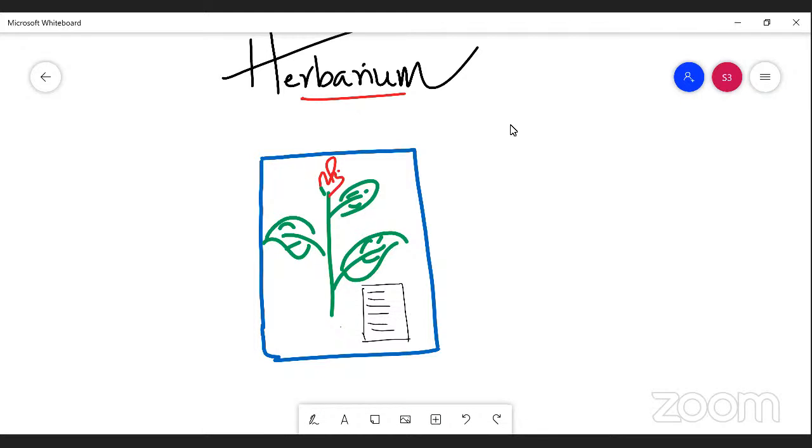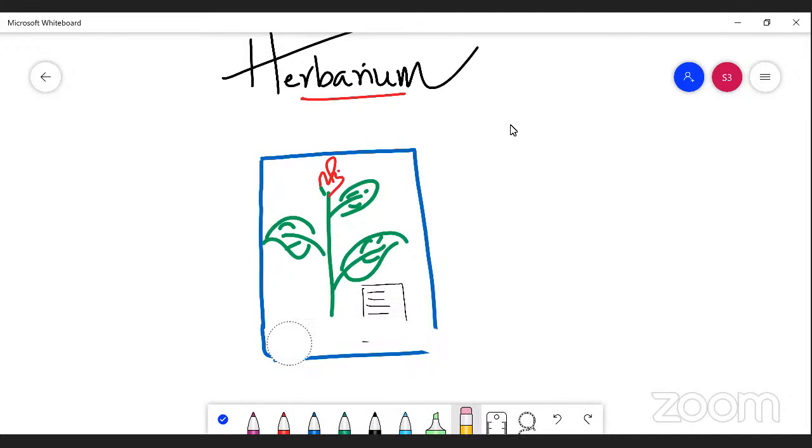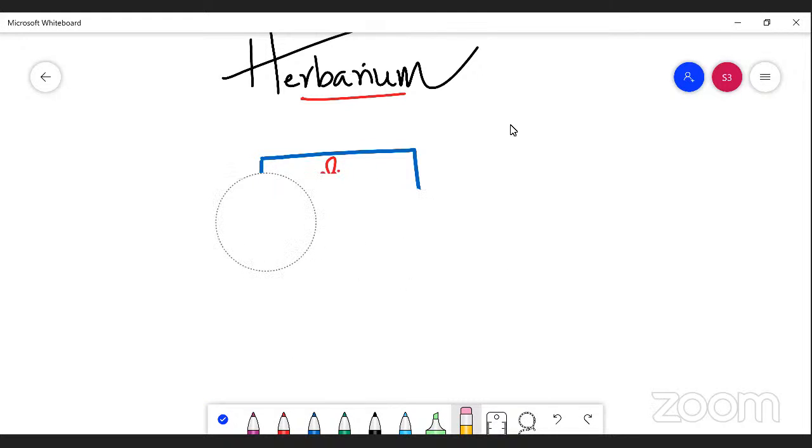Now, dear students, did you understand what is a herbarium? Simply, the plants are collected.